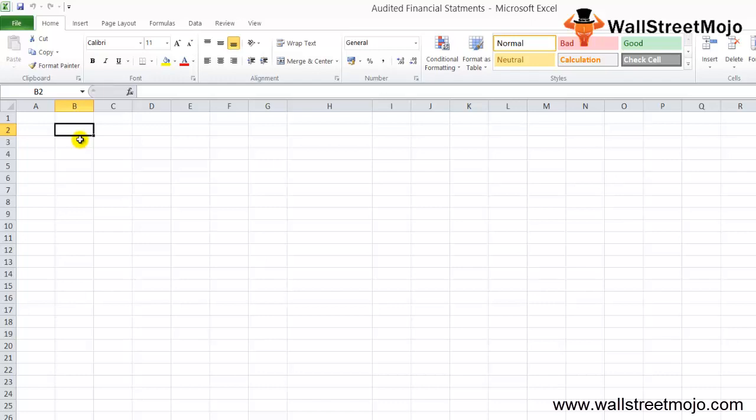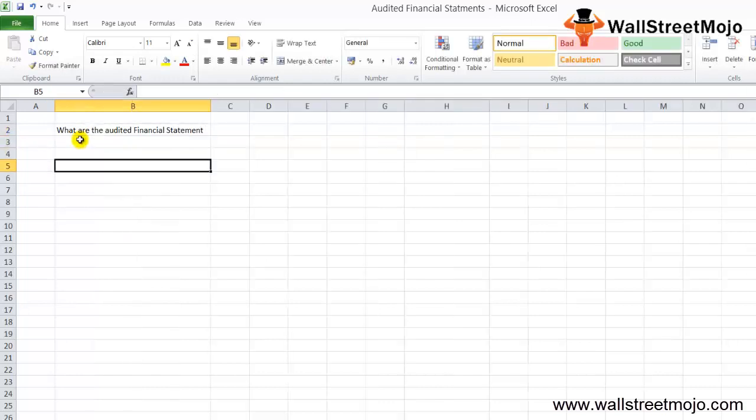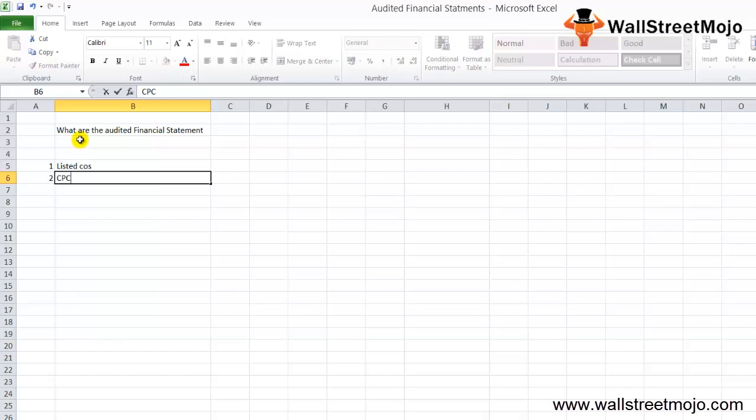As per the law, first of all we need to understand what the audited financial statements are. Now, as per the law, all the listed companies are required to get the financial statements audited by an authorized CPA. It can be a CPA or a CA or an Australian CPA, and so on and so forth.